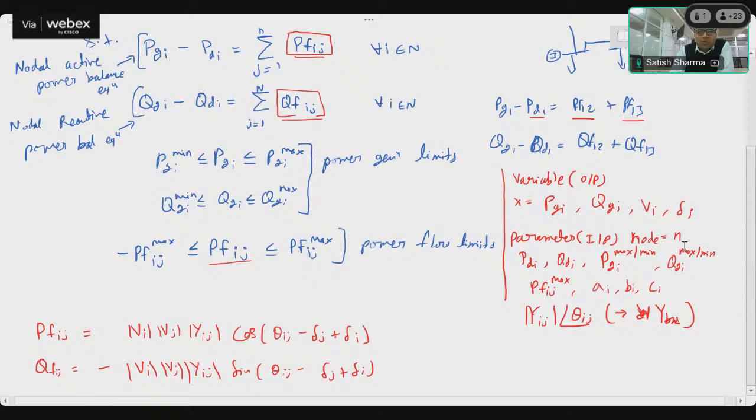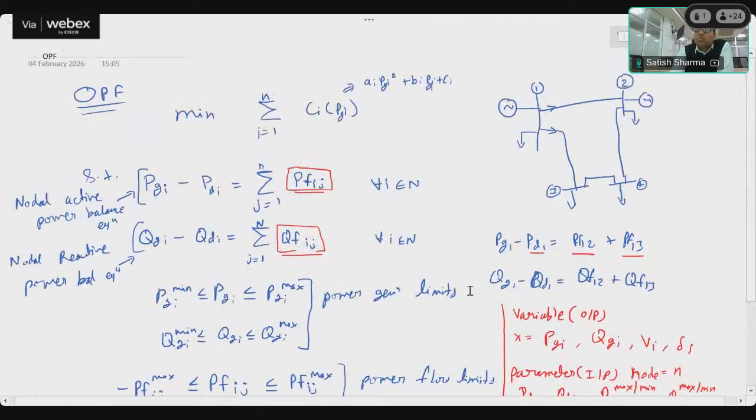If you do not provide the y bus or topology information, the mathematical optimization will not know that there are two generators, four buses, how they are connected, and what their reactance and resistance are.